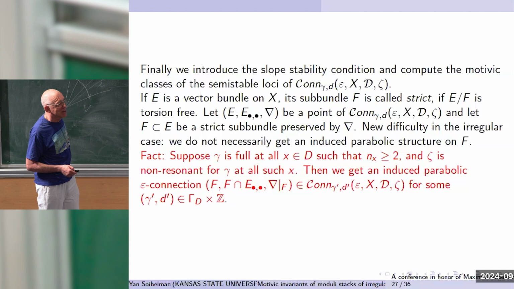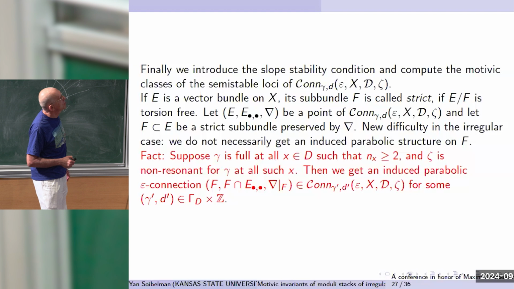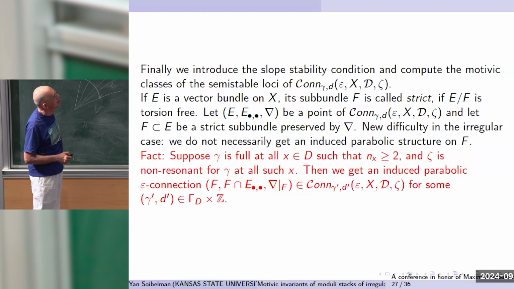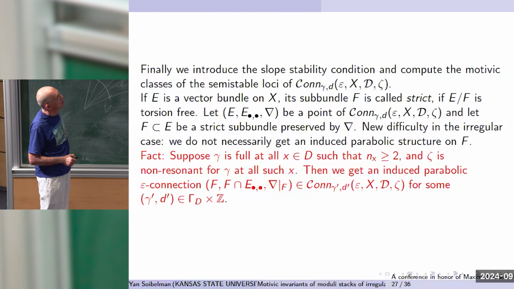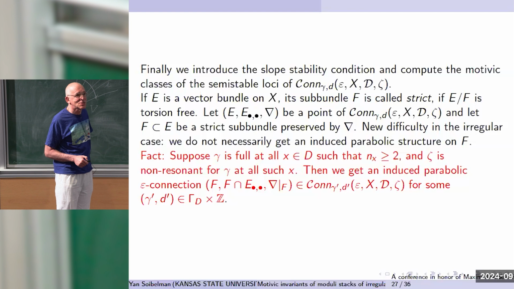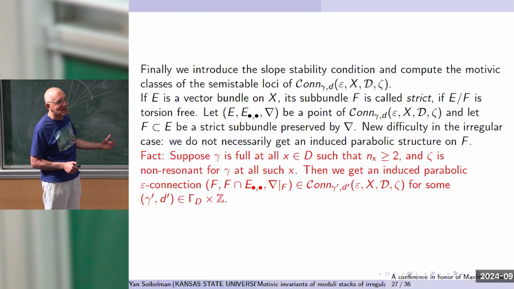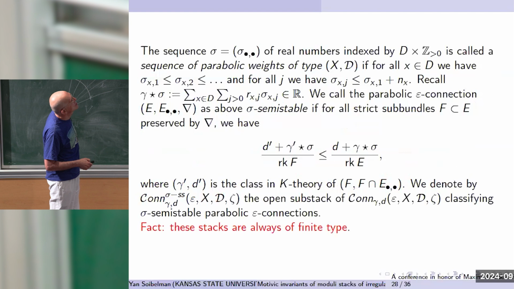It does not inherit a parabolic structure, but the fact is that if we impose an extra condition, then indeed when we have a subbundle, we have an induced epsilon connection on the subbundle and on the quotient. So then everything works.